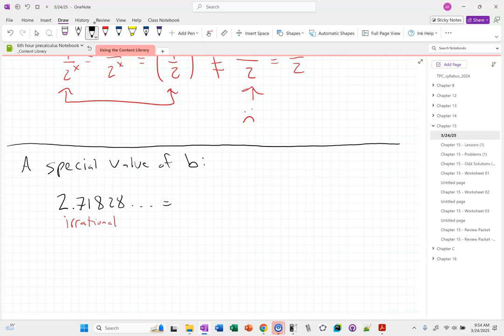So this number here, we're going to give a special name to. We're going to use the letter e to represent this number.